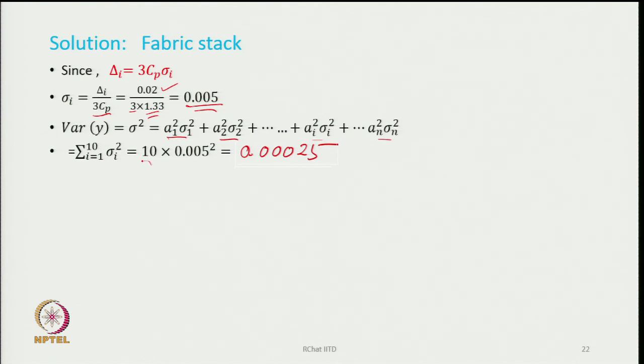Hence, this value is going to be 10 into 0.005 squared, which is 0.000025. Therefore, sigma of y is going to be the square root of this, which is 0.0158.